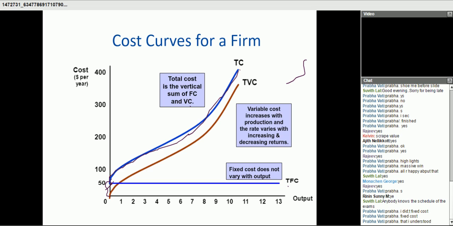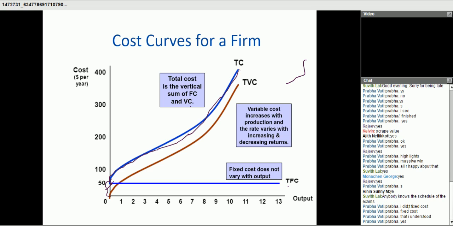Okay, so you see the total fixed cost is fixed for every unit. Means you manufacture 10 units, then also you will pay the electricity bill of 1000 rupees. Whether you manufacture 2000 units, again the electricity bill will be 1000 rupees. So it is fixed for every unit. So that is why it is a line parallel to the x-axis. Okay.